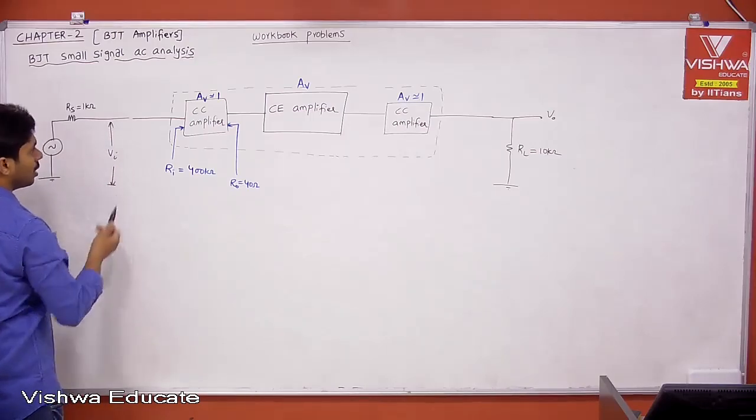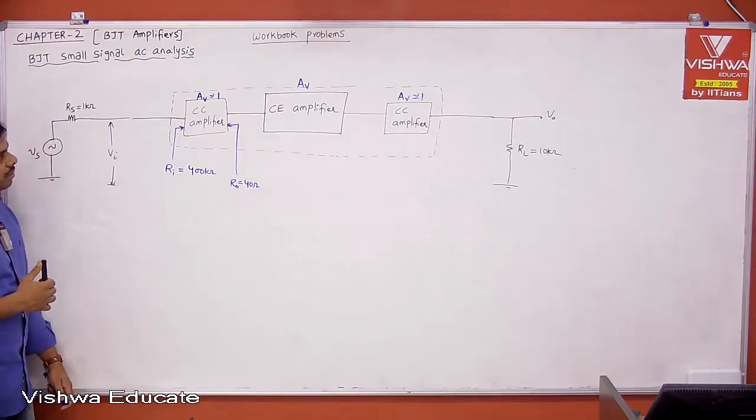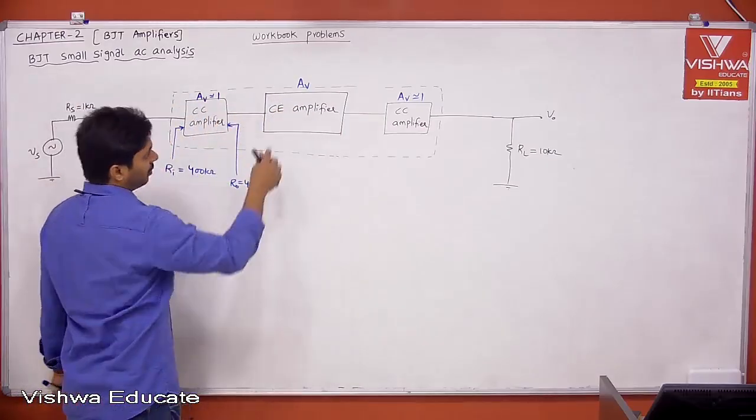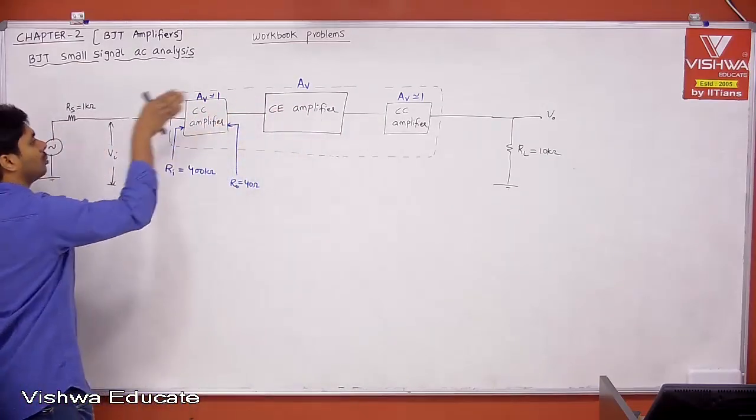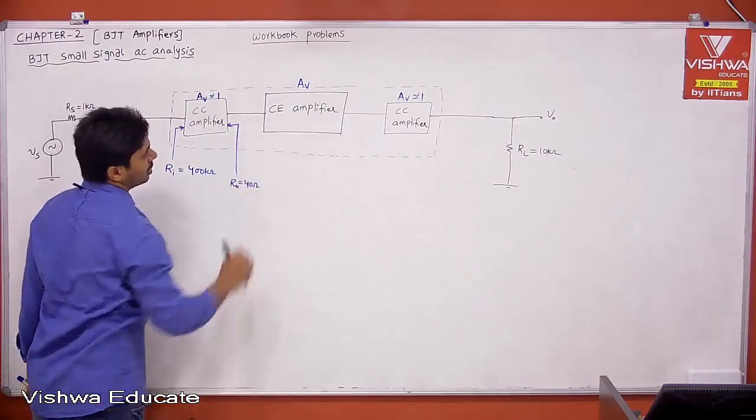Just listen. With respect to the source, earlier the source is directly connected to your CE amplifier. If I say this is my interested amplifier which is to be connected to your source, it will amplify because this is providing your voltage gain.